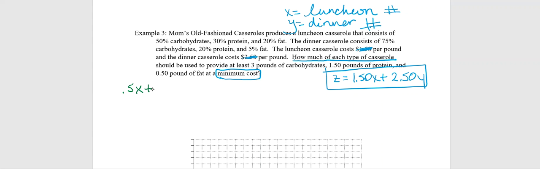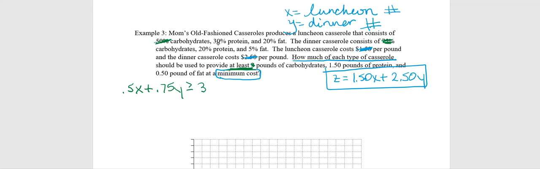Our dinner casserole is 75% carbs, so that's 0.75y. And it's at least. Now, at least is a minimum, so everything has to be greater than or equal to. And in this case, it's 3 pounds of carbs. So my 50%'s gone, my 75%'s gone, and my 3 pounds is done. So those three are all done.